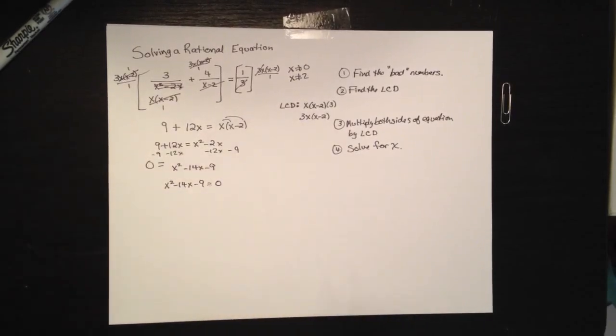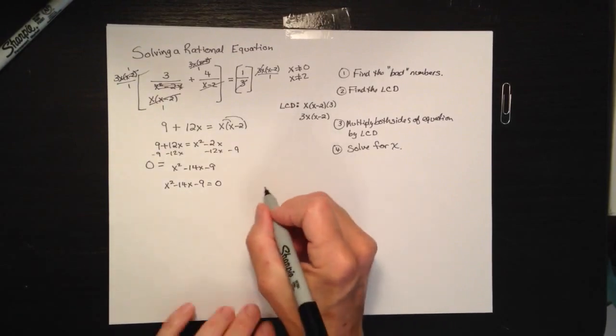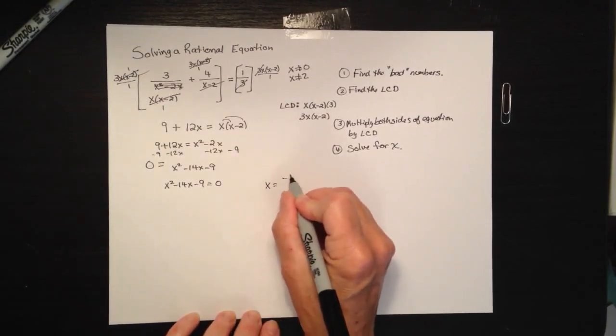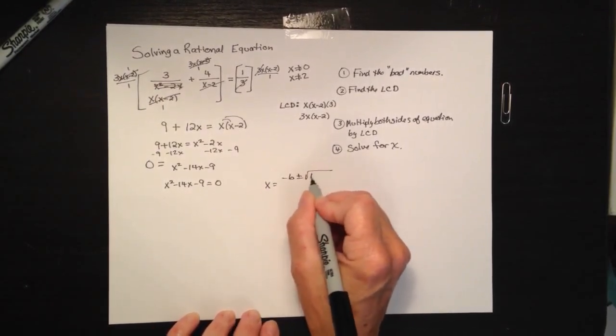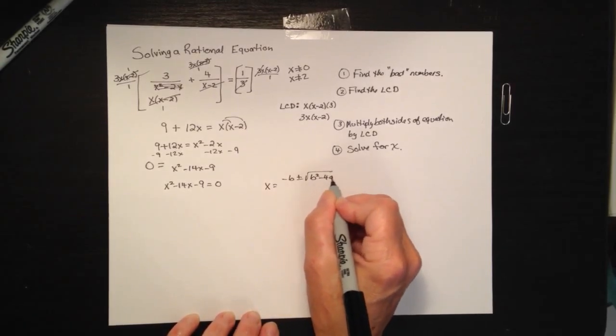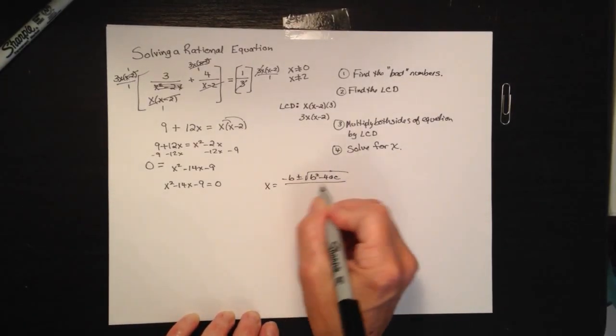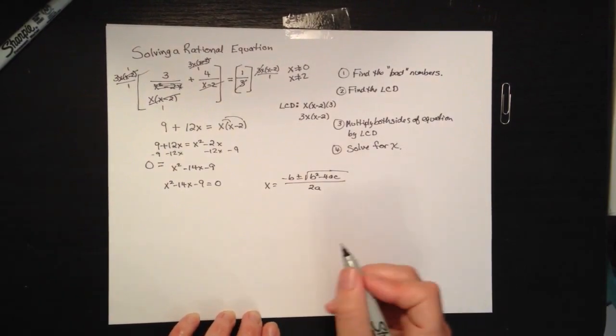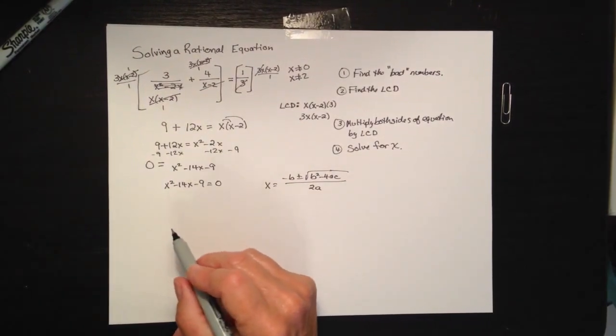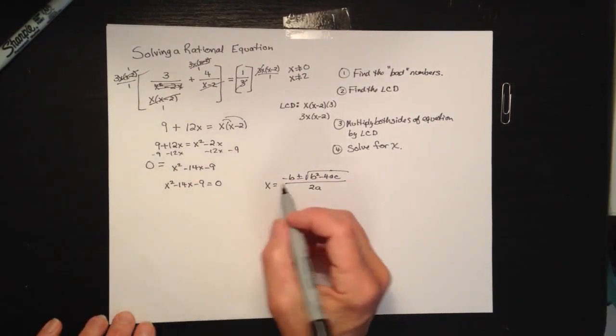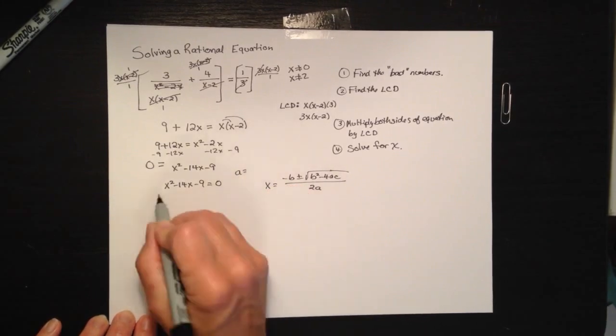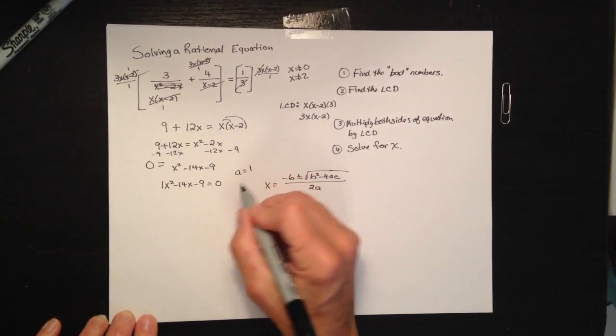I'm going to rewrite it with the 0 on the right-hand side because I like it better that way. So what I'm going to do is solve by using the quadratic formula, which says x is equal to negative b plus or minus the square root of b squared minus 4ac all over 2 times a. We will make sure we know what a, b, and c are. A is the leading coefficient. A is 1.